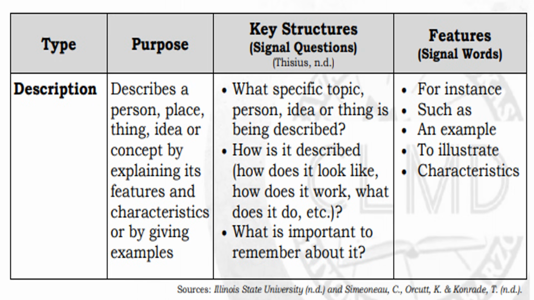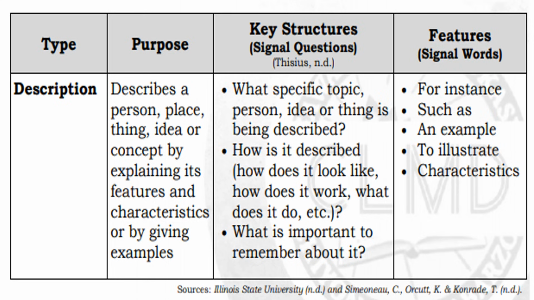The next type is description. The purpose is to describe a person, place, thing, idea, or concept by explaining its features and characteristics or by giving examples. The key structure or the signal questions are: what specific topic, person, idea, or thing is being described?